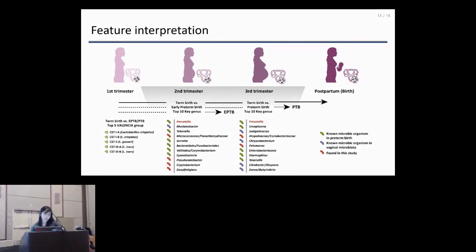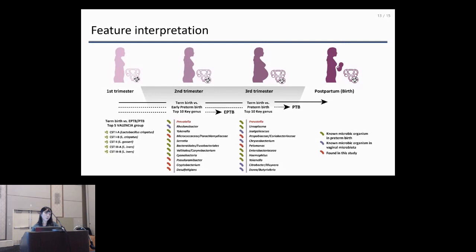These green ones are the known organisms, and the blue ones are genera related to the vaginal microbiota, but not to preterm birth. And we expect these red organisms may be new microbiota that can be related to preterm birth.